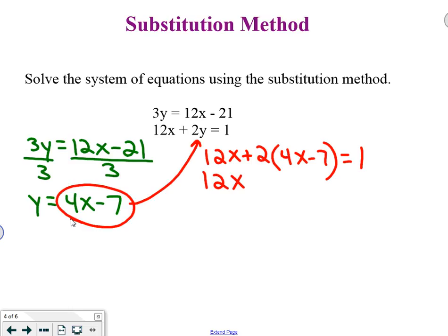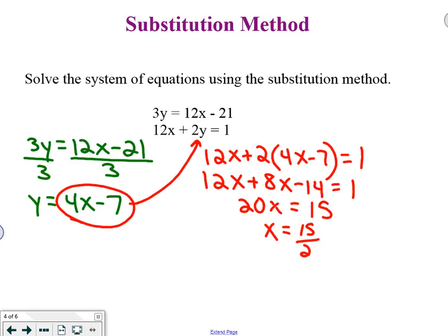If I distribute the 2, combine like terms, add 14 to the other side, and divide by 20, I get x equals 15 twentieths, or 3/4.